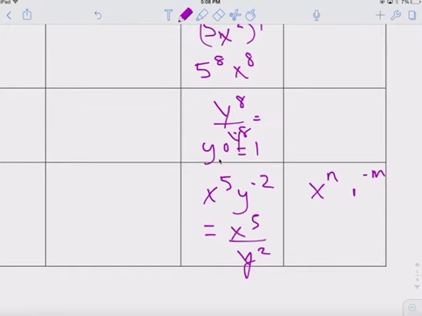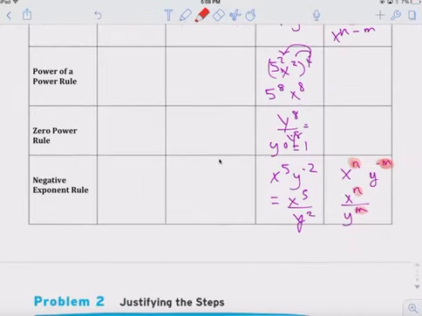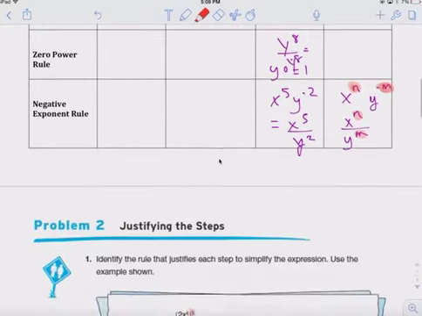No, I'm sorry, I'm thinking of something else. So then you would do x to the n over y to the positive m. These can be any number you want. If it's a negative, you move it down. Positive, stay on top. Okay, and then you fill in the rest, all right?